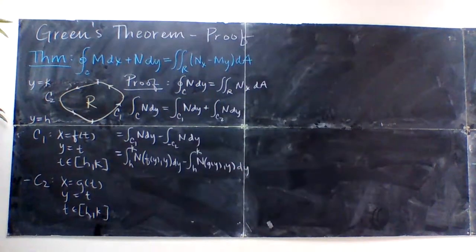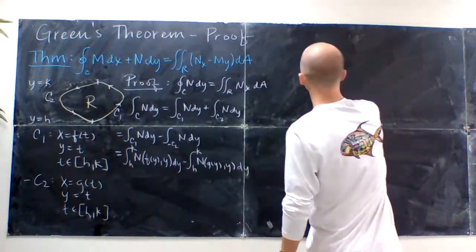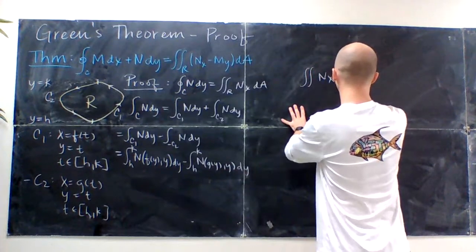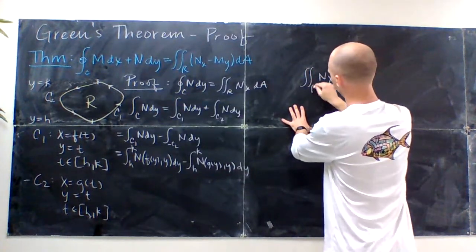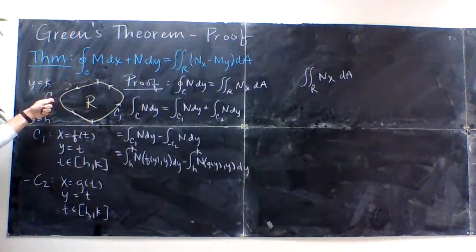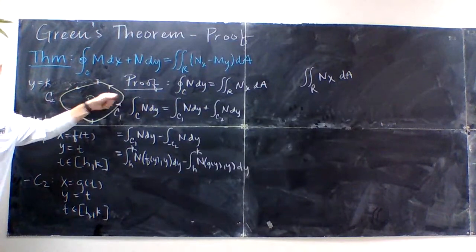Okay. This, I think, is where I want to stop, and then show that this is equal to what I would get over here if I evaluated the double integral. So the double integral of nx dA. All right, on this one, y is running from h to k, and x is going from g of t to f of t.